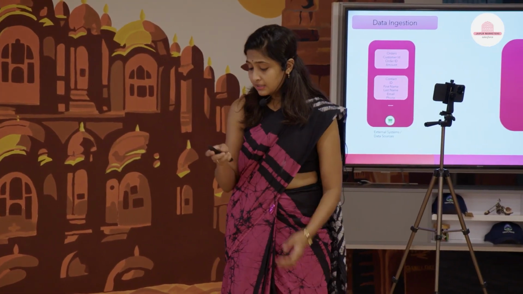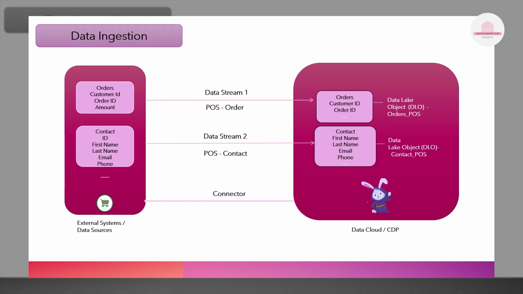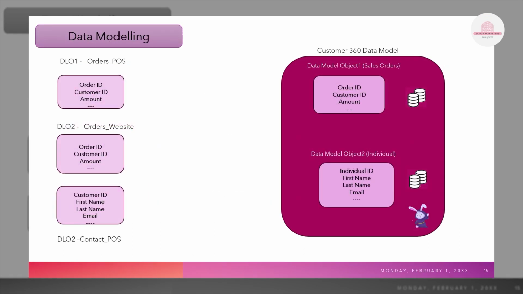The overall Data Cloud process starts with data ingestion, wherein the external sources which contains Jaren's or other customers' data are connected to Data Cloud. So once the data gets ingested inside Data Cloud, you enter into data modeling phase.